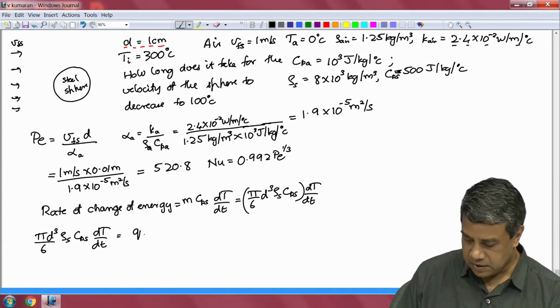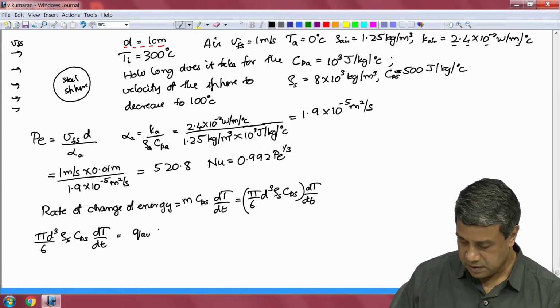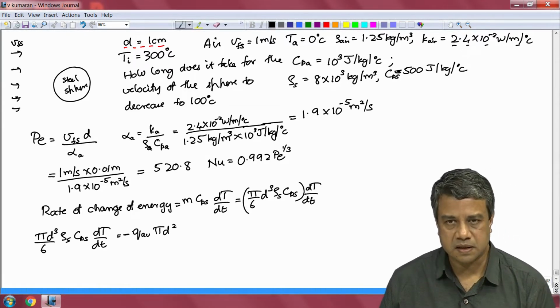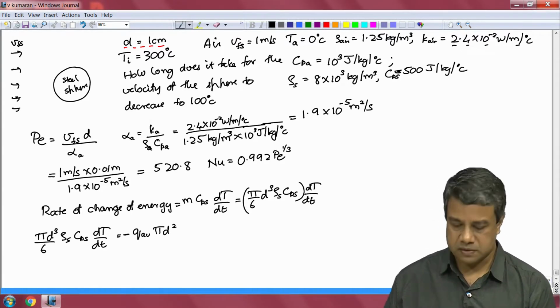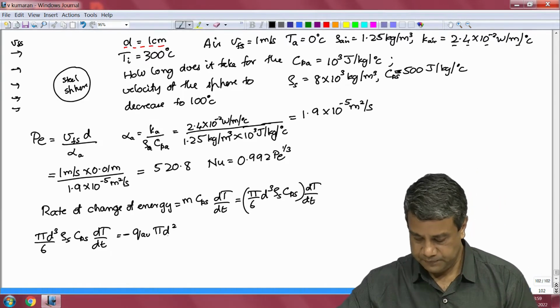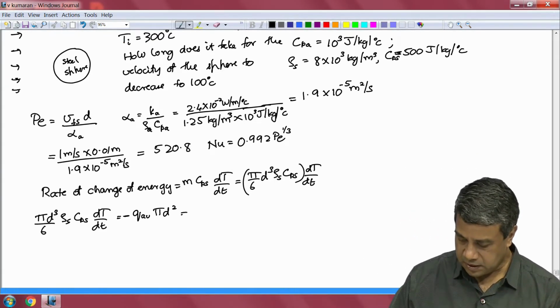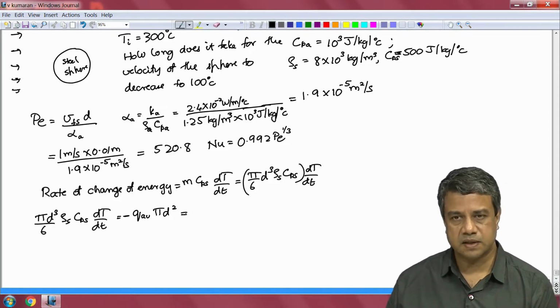is equal to the average flux times the surface area pi d square with a negative sign, because as heat is conducted out of the sphere, the temperature should decrease. And I can write this flux in terms of the Nusselt number correlation.